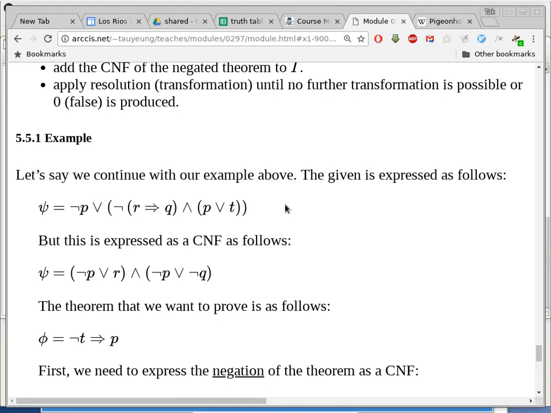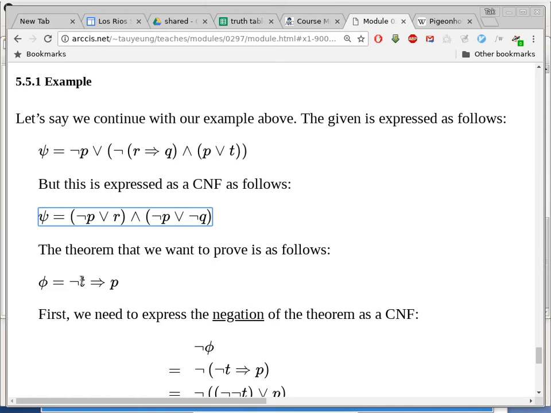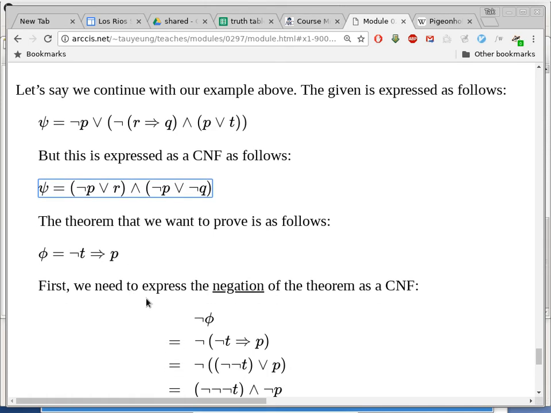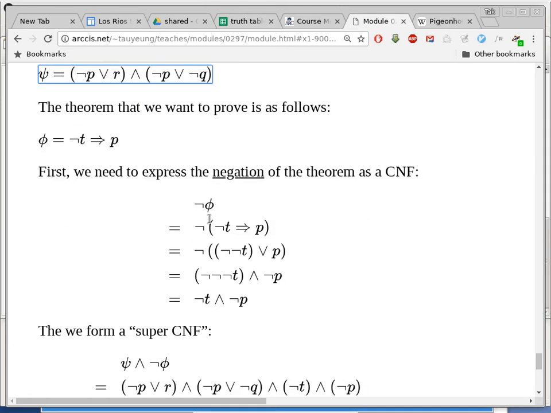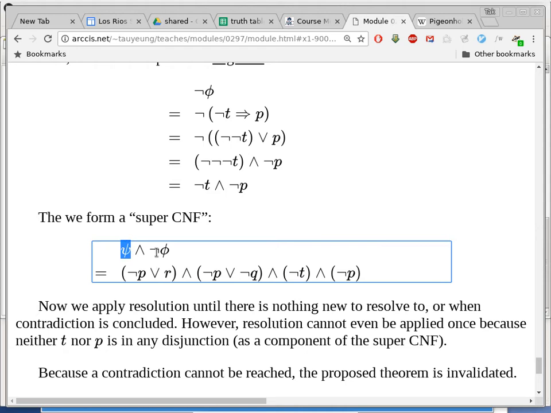So the example here illustrates this. This is all that you're given to be true, and this is the theorem that we want to prove. You first have to figure out the CNF that represents the negation of the theorem, which is the negation of phi in this case, is this one. Then you use a larger CNF, which is the combination of everything that you know or is given to be true and the negation of the theorem that you want to prove.